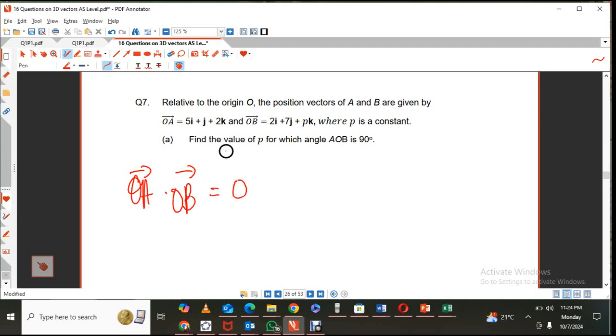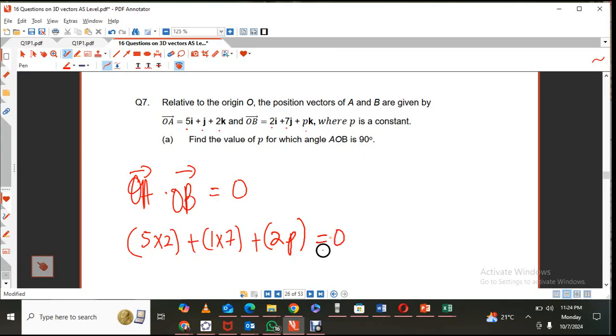Okay? So let's see, 5 times 2, plus 1 times 7, plus 2 times P, 2P, would give you naught. So we can actually find the value of P.